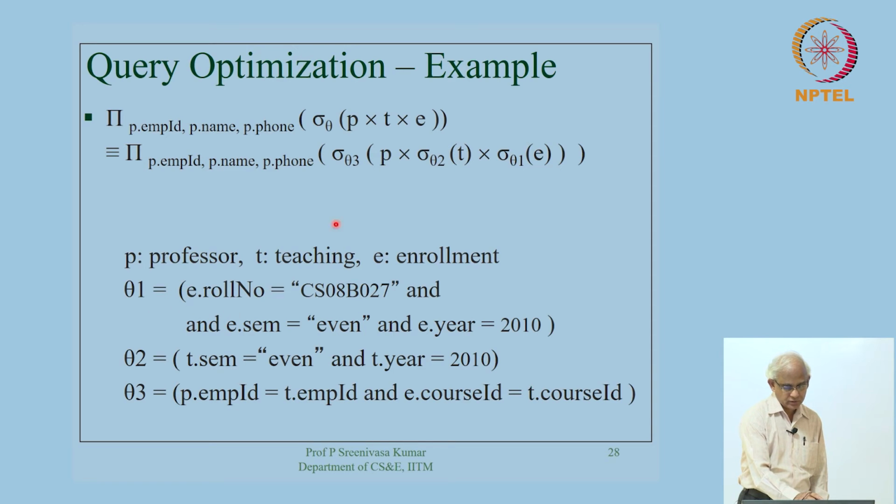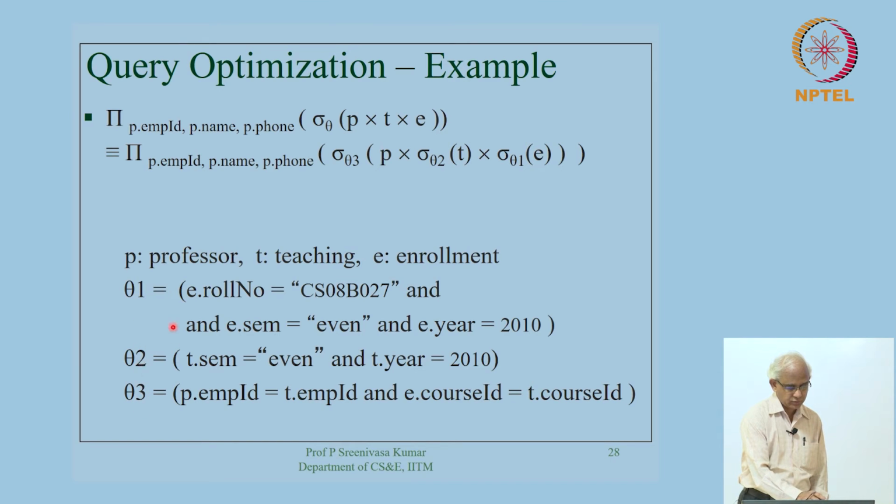So what I have done is to group together all the conditions that are on the enrollment here, the conditions on the teaching relation here, t.semester equal to E1, t.year equals to thing, and then the remaining conditions I put as theta 3.